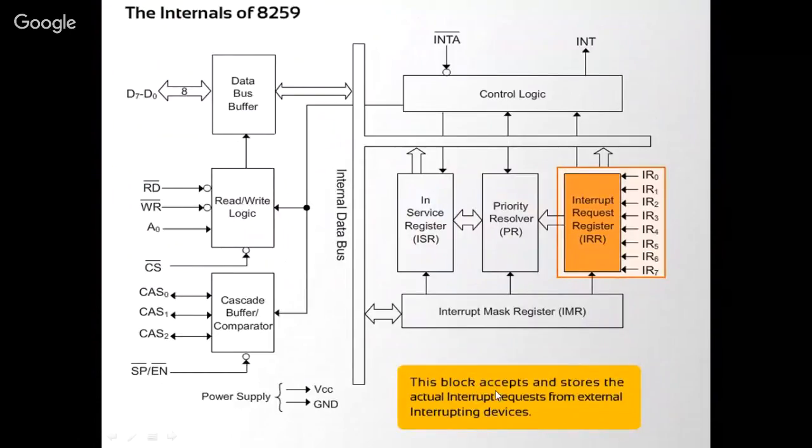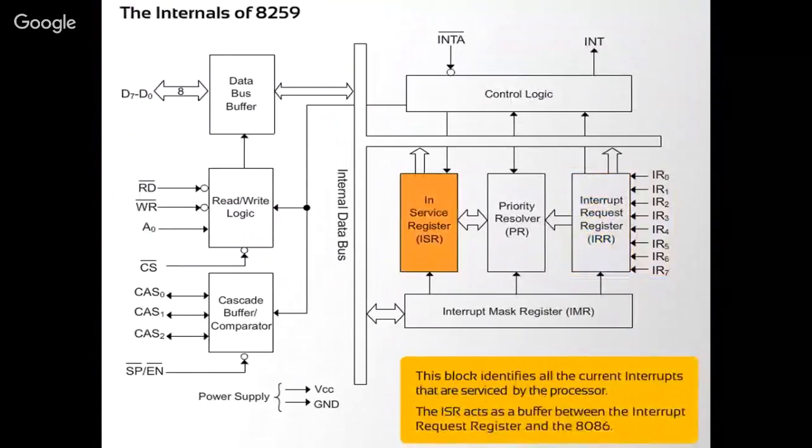This block stores the actual interrupt request from the external interrupt device. It is an 8-bit register having 8 flip-flops, D0 to D7, corresponding to each IR level, IR0 to IR7. It stores the status of the various interrupt devices connected to the IR levels.